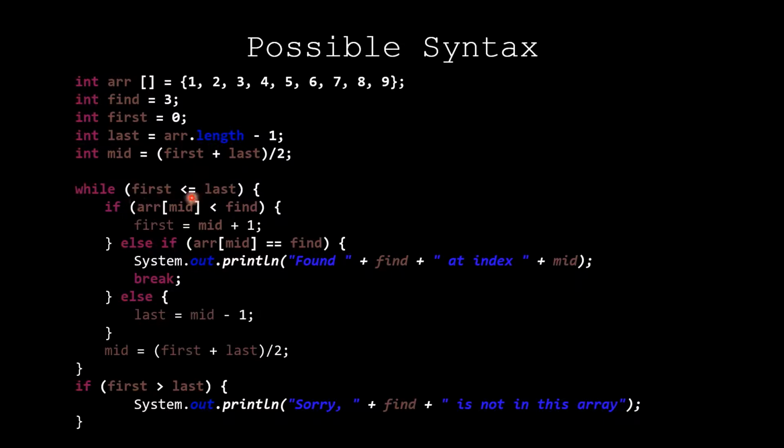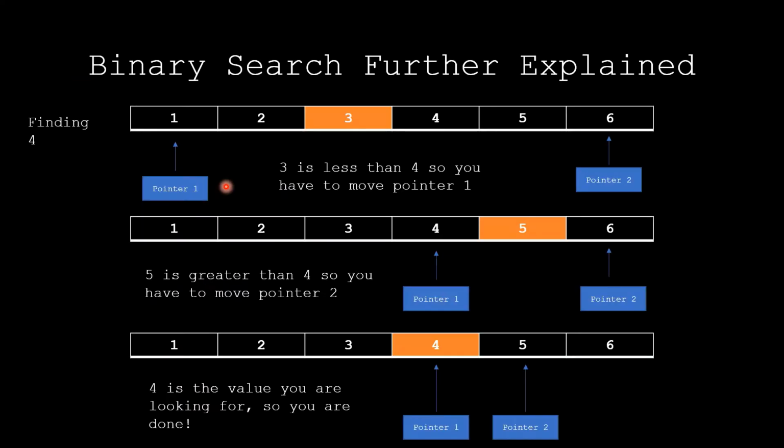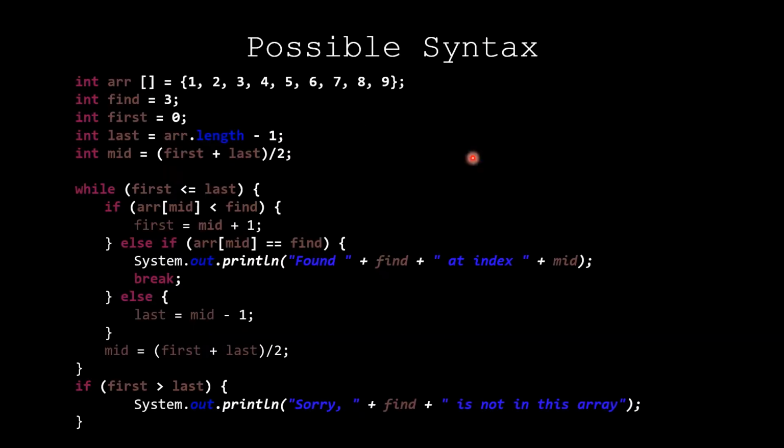So we say while that first value is less than or equal to that last value, if the array at index middle, so the value at the middle index, is less than find, meaning that the value here is less than what you're trying to find, meaning that it's somewhere in this portion of the array, then you're going to move that first index to the middle plus 1.